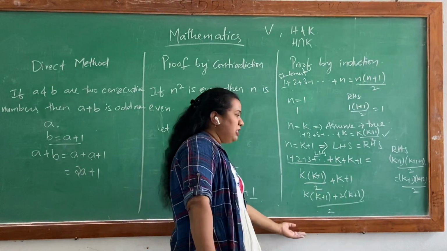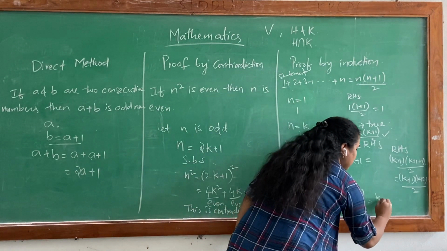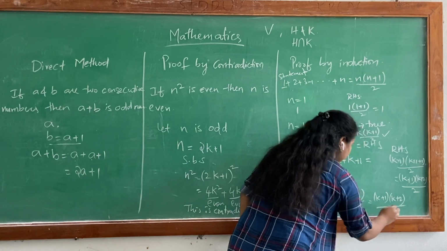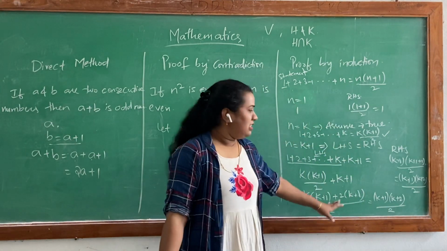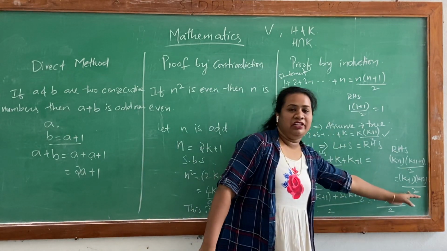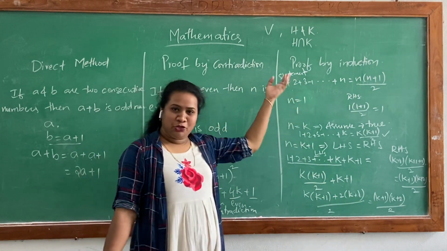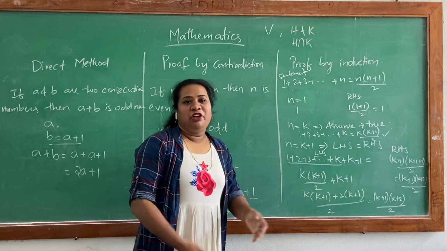You can take k plus 1 common. Here k plus 1 into k plus 2 by 2. That's what we got from LHS, and that's what we have in RHS. So LHS is equal to RHS. So whatever statement we are trying to prove, it is true. So this is the method of induction.